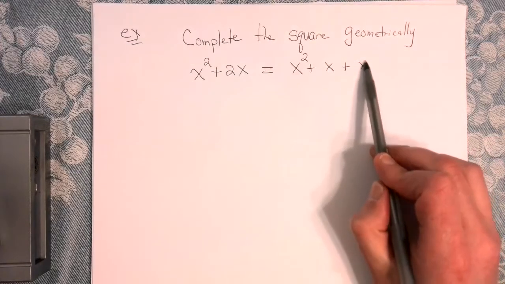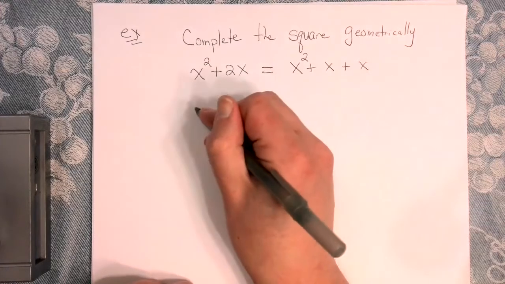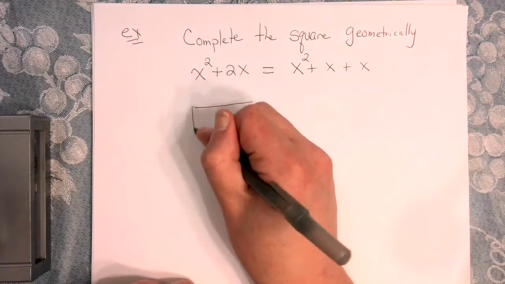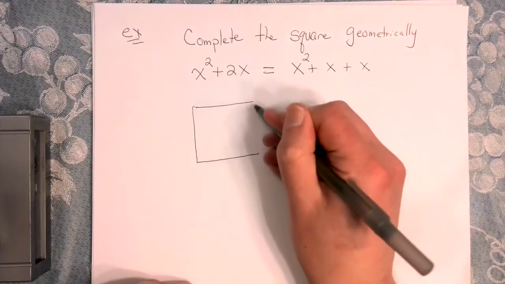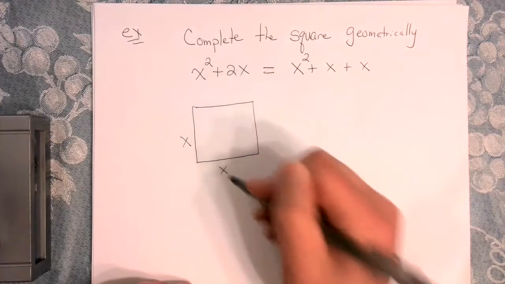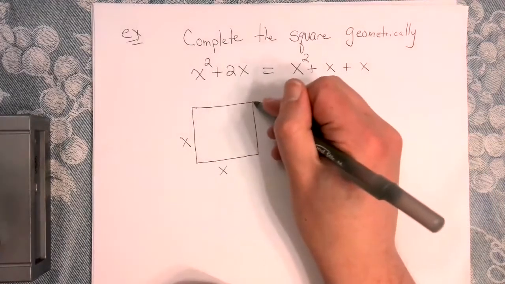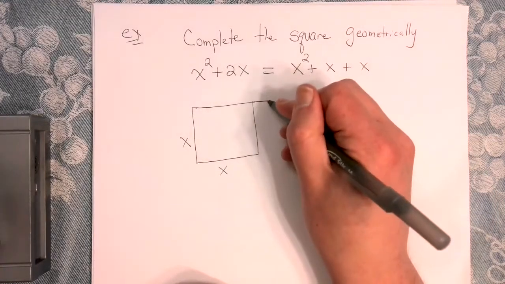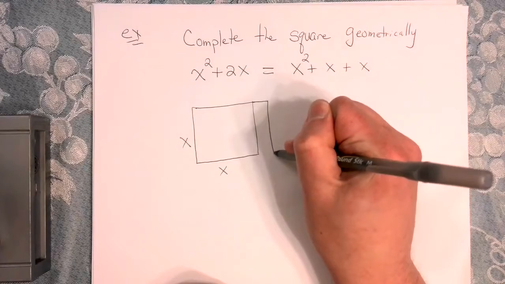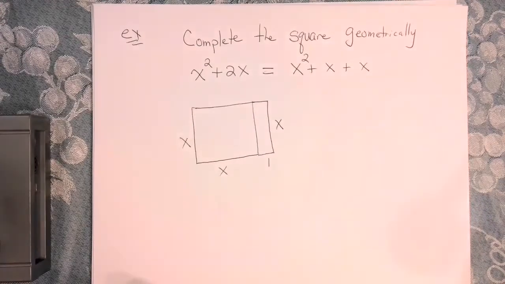And this might correspond to a rectangle that's 1 by x. So let's see that. So here's x by x for a total area of x squared. And then for this, I want something that's 1 by x. Do you see that? So 1 by x.